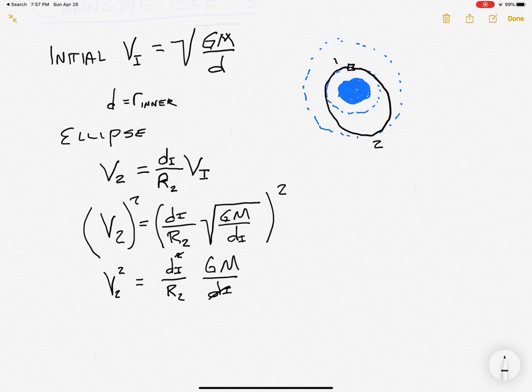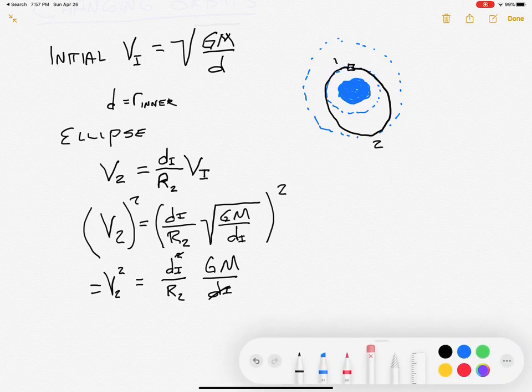But the other thing we've done is, let's see, we can replace the velocity. No, I don't think that's the best way to go.